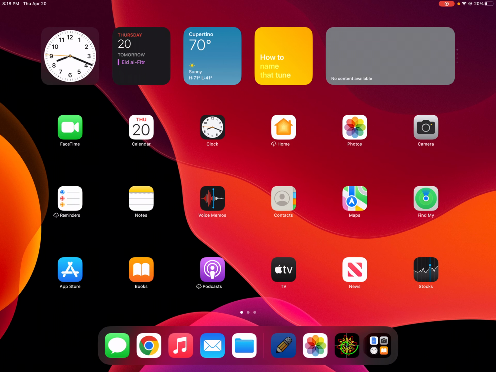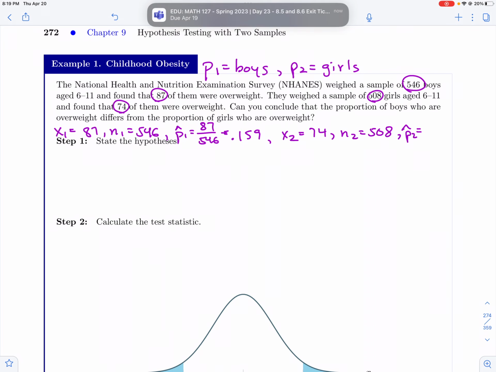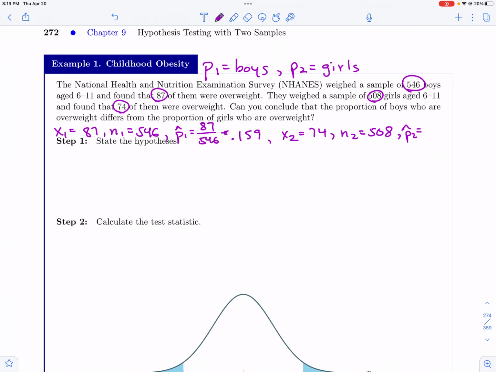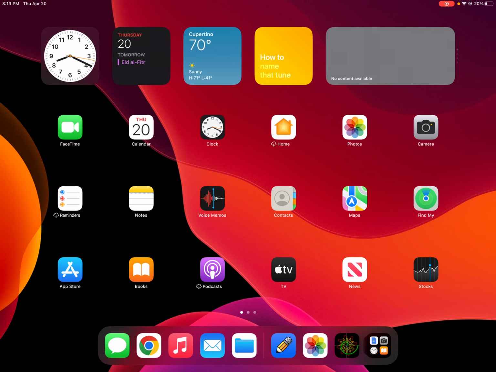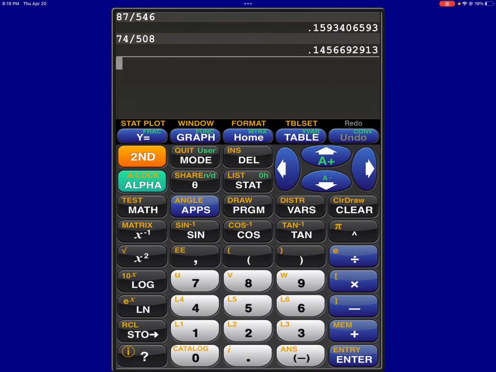And then for our X2, we had 74. For our N2, we had 508. And for our P2 hat, we've got 74 over 508. So it looks like 0.146.